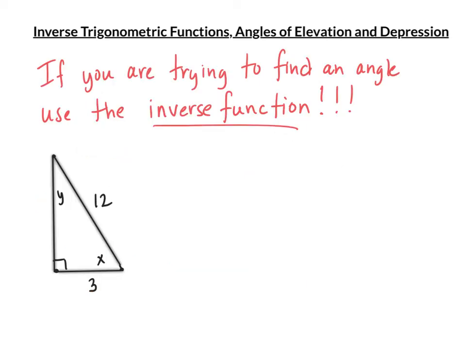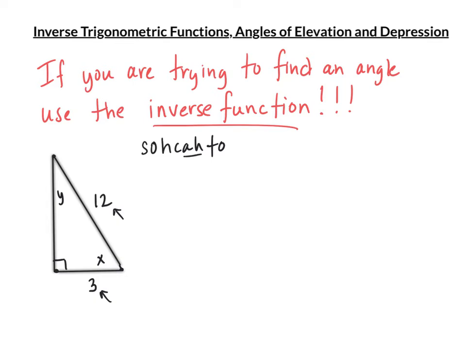You've got to remember, this is the key to understanding. If you're trying to find an angle, you use the inverse function. Let's find x and y. Those are the degrees we're looking for, those two angles. If I wanted to find x, I see that 3 is the adjacent and 12 is the hypotenuse. And I go to SOHCAHTOA, and I'm looking for adjacent and hypotenuse.